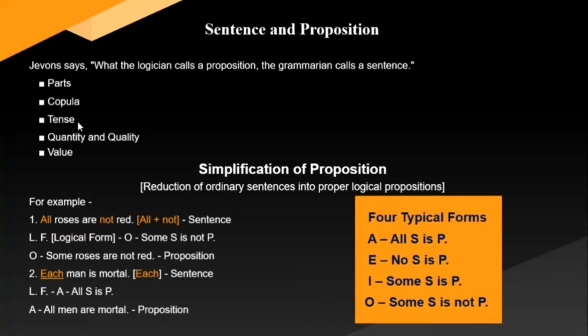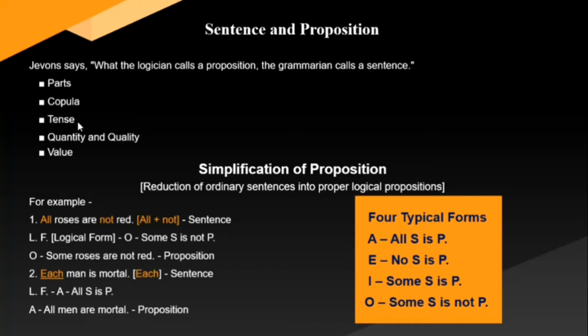Now, if we remember the nature of copula, we find that the copula is the present tense form of the verb to be and may be either affirmative or negative. That means am, is, are, am not, is not, or are not is called a copula.